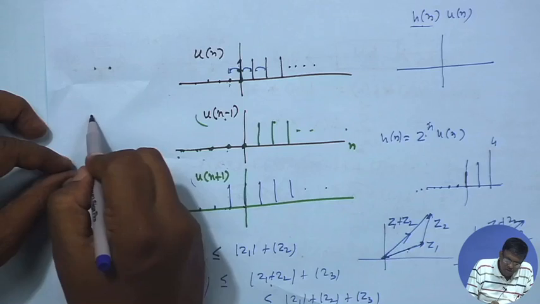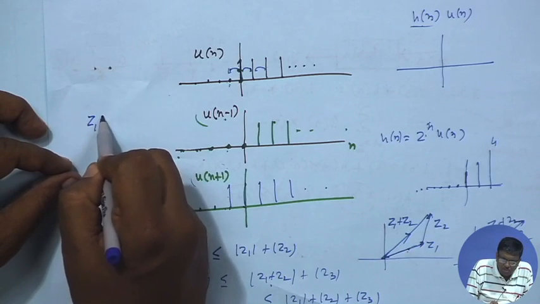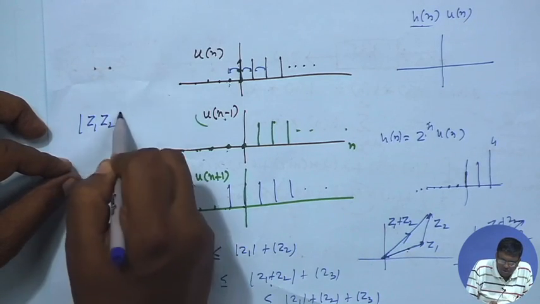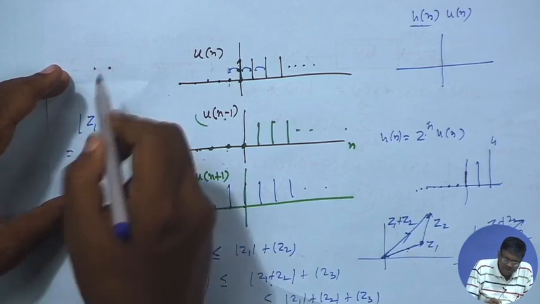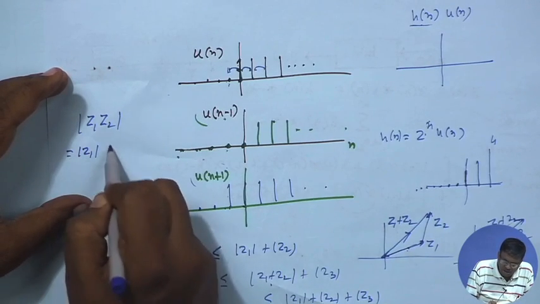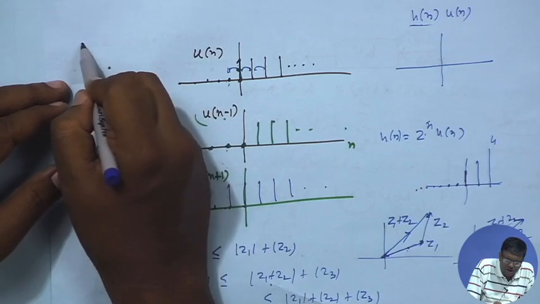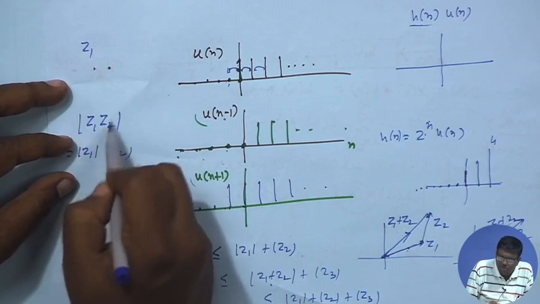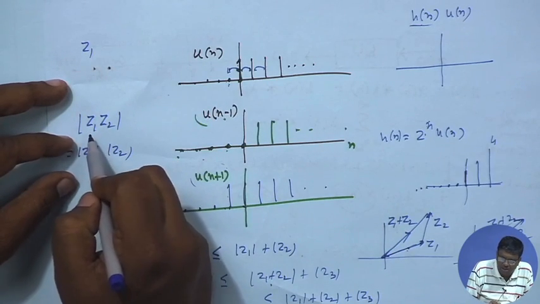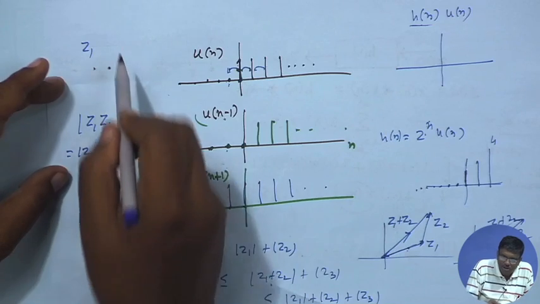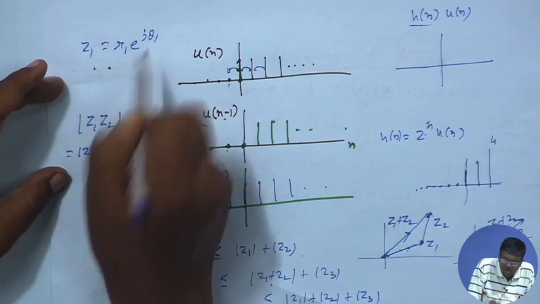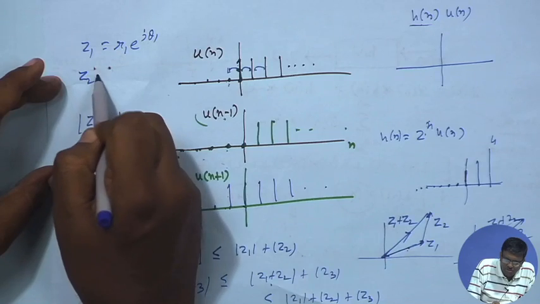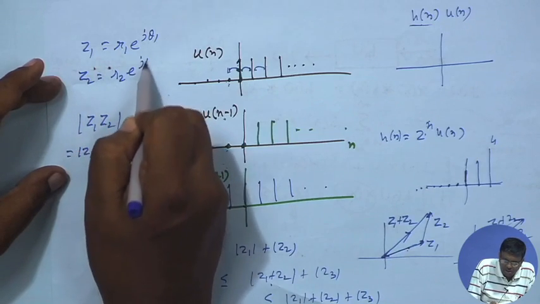But again, two numbers in general complex could be real also. Mod of the product is the same as mod of Z1 into mod of Z2. Why? Very simple, you write in polar form. Whenever a product of complex numbers comes, you choose polar form. That is, Z1 is some R1 e to the power j theta 1, Z2 is R2 e to the power j theta 2.